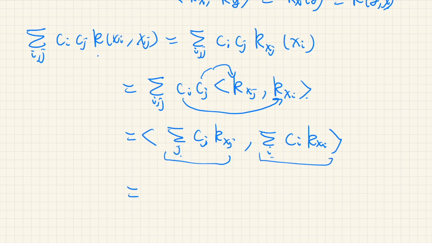So this is equal to the norm of the sum over j of cj times k xj, norm squared, which is, of course, non-negative. Therefore, this function k is also positive semi-definite. Therefore, it is a kernel function.